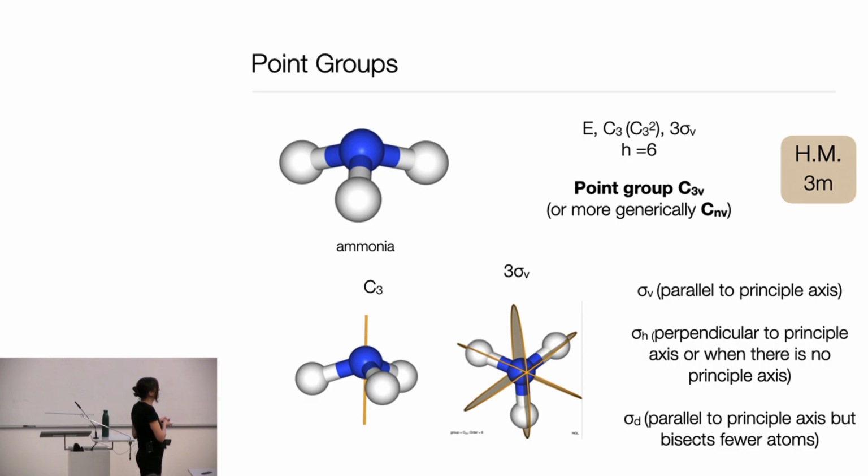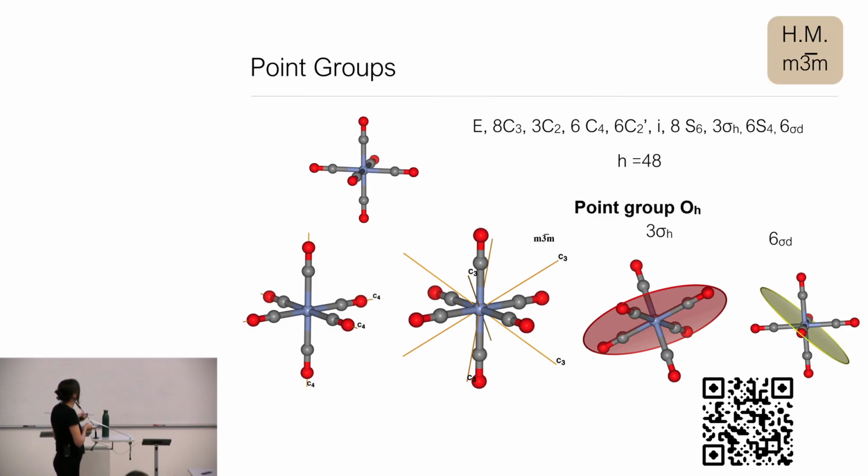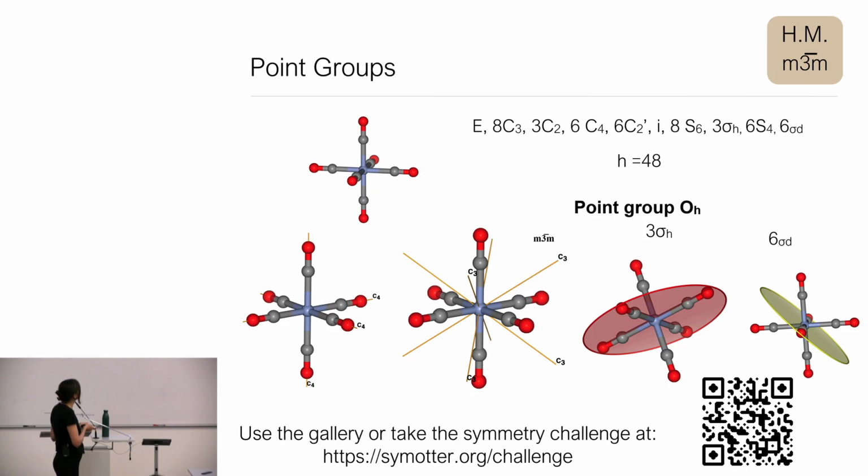I haven't introduced sigma D yet, but this becomes more important for higher symmetry groups, where you have it parallel to the principal axis but bisecting fewer atoms. Generically speaking, that's something you clearly see in an octahedron. I won't go through all of these examples, but this is all of the symmetry elements in an octahedron. Sorry, for some reason I have animations that I didn't expect to be here.